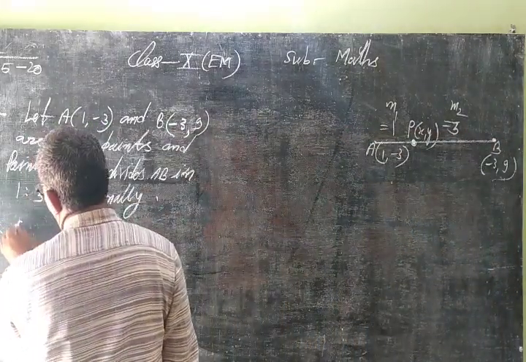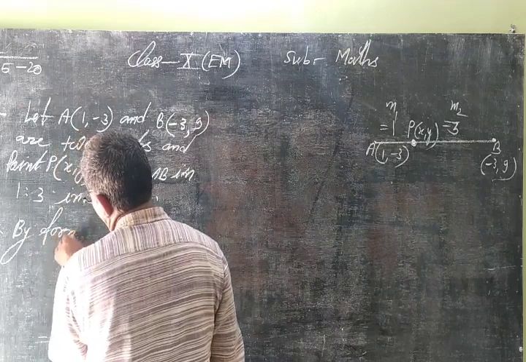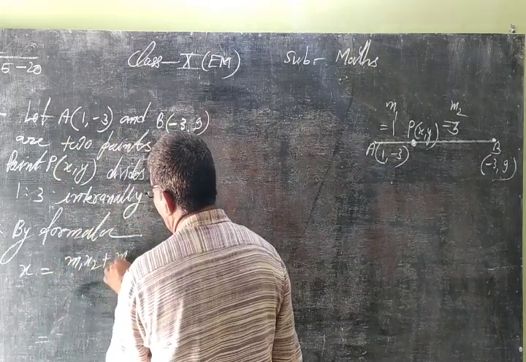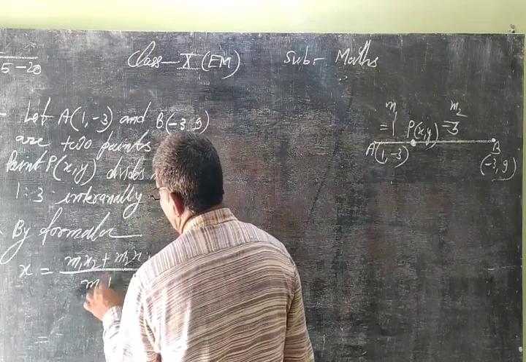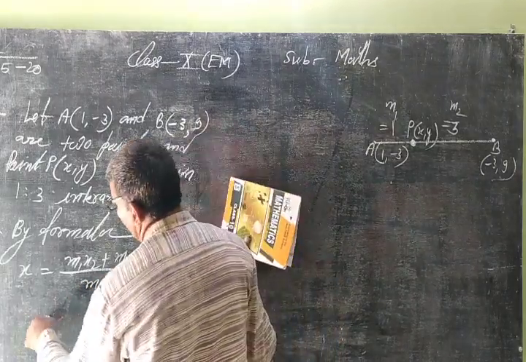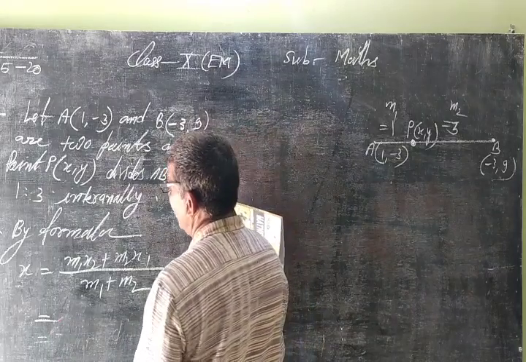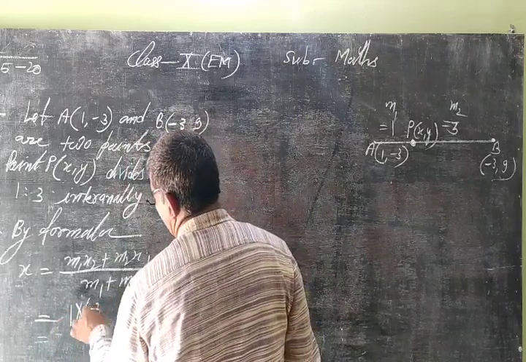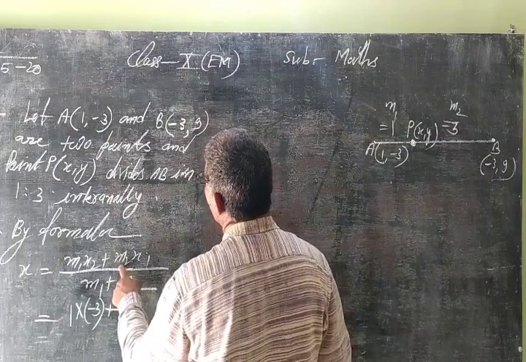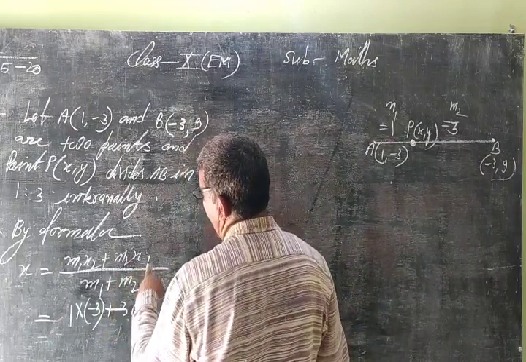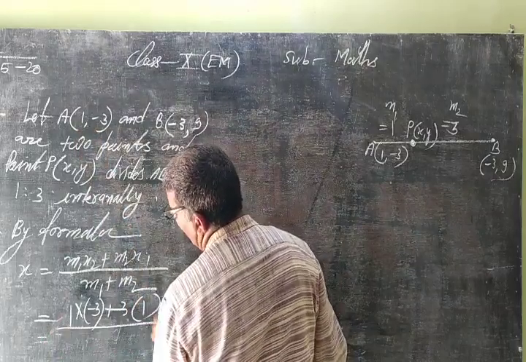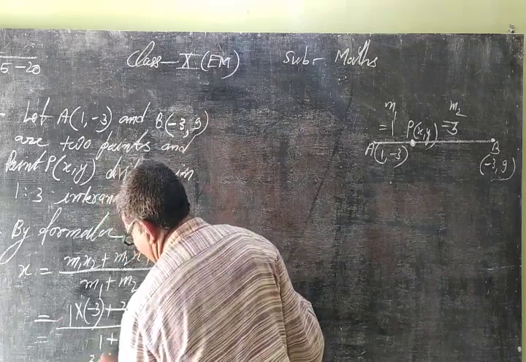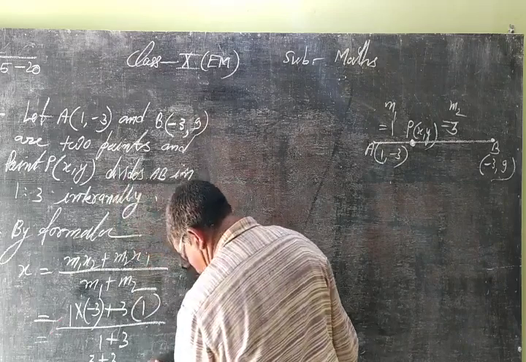Therefore, by formula x equal to (m1 x2 plus m2 x1) upon (m1 plus m2), equal to m1, it is 1, and x2 is -3, plus m2, 3, and x1, 1, upon m1 plus m2, 1 plus 3, equal to (-3 plus 3) upon 4, equal to 0.